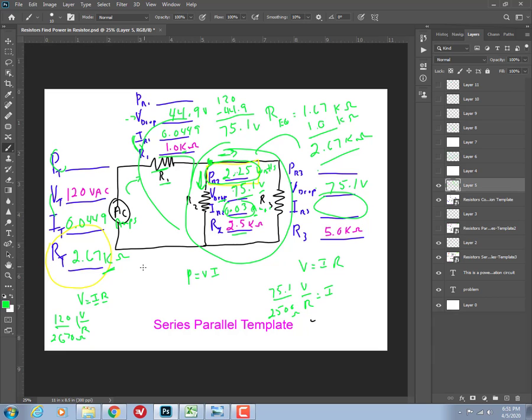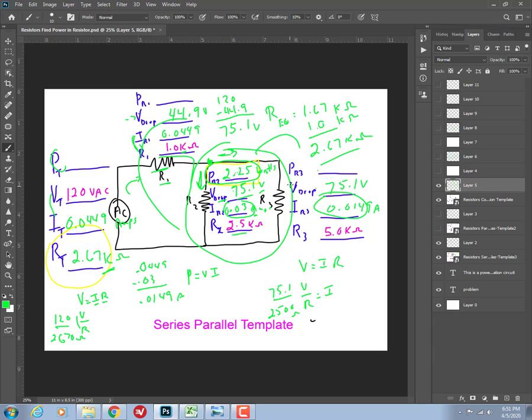So if we subtract 0.0449 minus 0.03, we'll get 0.0149 amps left over to go over here. 0.0149 amps. Now everybody's done except our power.